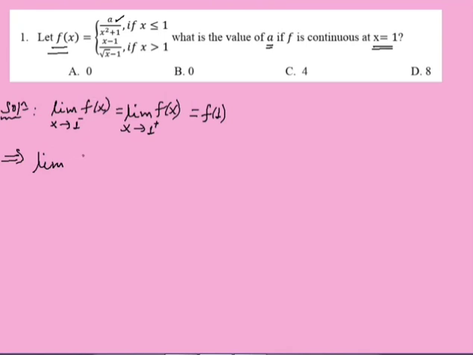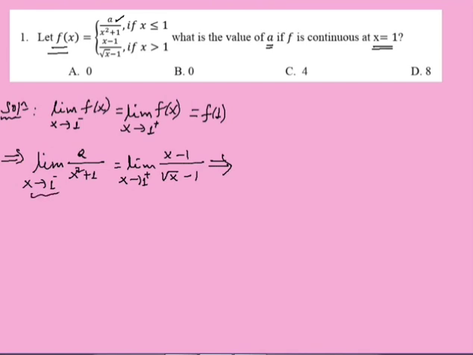Therefore, the limit of f of x, meaning a over x squared plus 1 as x approaches 1 from the left, must be the same as the limit of x minus 1 over radical x minus 1 as x approaches 1 from the right. This must be true so that the function is continuous at 1.